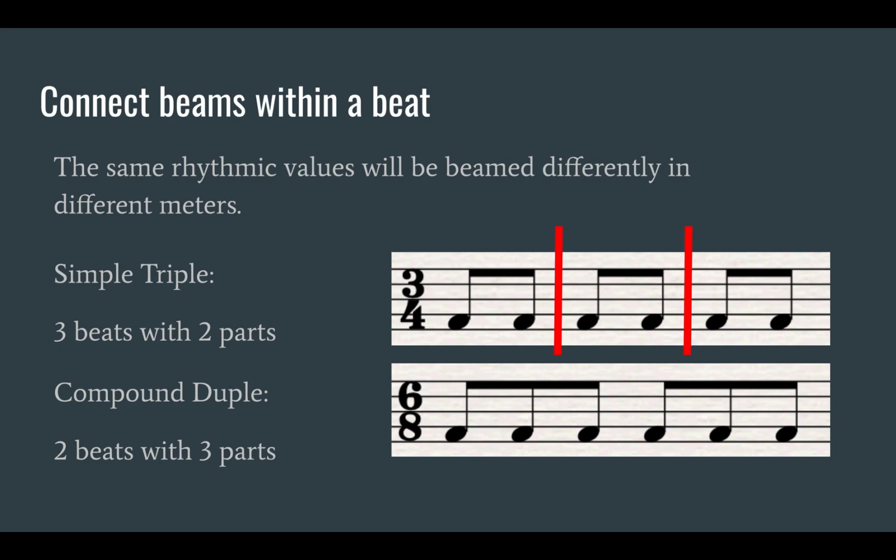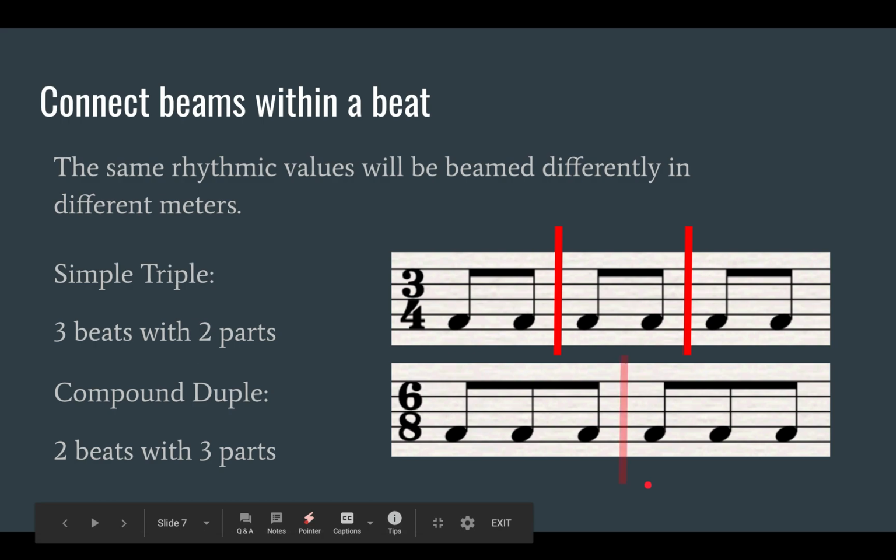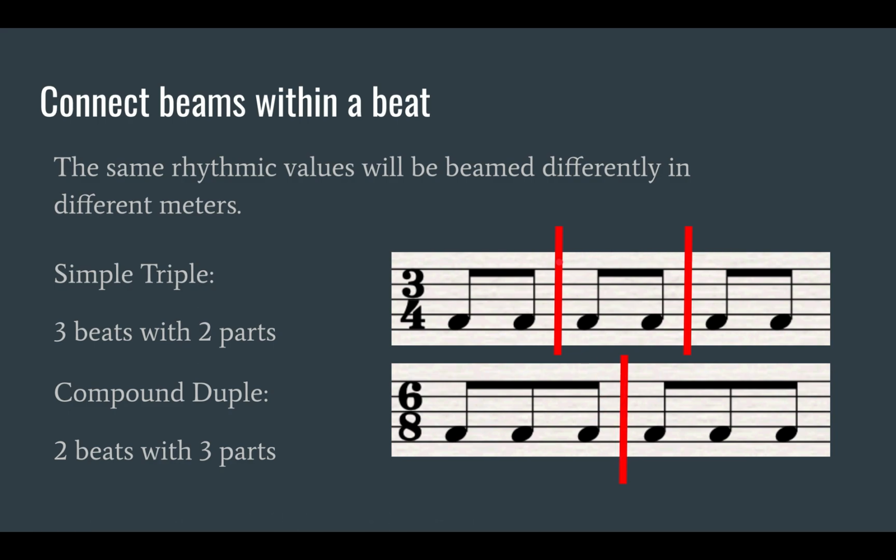But that same rhythmic value set in compound duple looks very different. Instead of 3 groups of 2 eighth notes, we now have 2 groups of 3 eighth notes, with our beat division happening here instead of here and here.